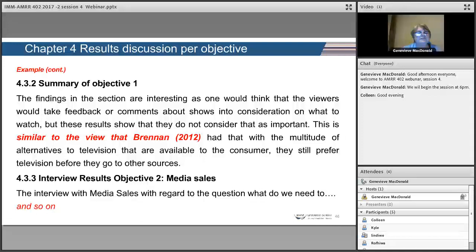They still prefer the TV when they go to other sources. So there you see how you actually compare your results to valid or similar studies on the same issues.